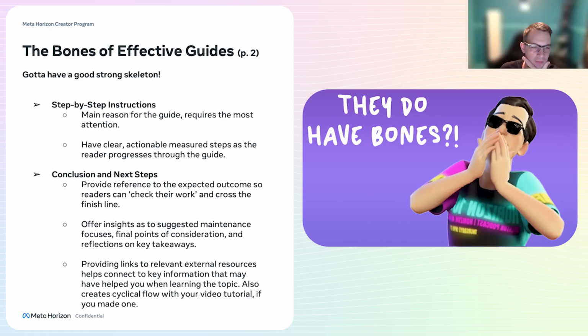So the next part of an effective guide is going to be the main part, your step-by-step instructions. And so this arguably should require the most attention. You want to have clear, actionable, measurable steps as the reader progresses through the guide. You can use a numbered list, try to use one action per step, and then maybe add some visuals to your steps as well.